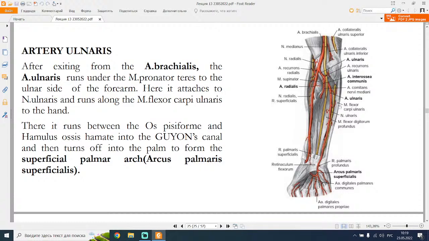There it runs between os pisiforme and hamulus ossis hamati into Guyon's canal and then turns into the palm to form the superficial palmar arch, arcus palmaris superficialis. The arcus palmaris superficialis is formed by arteria ulnaris and ramus palmaris superficialis, a branch of arteria radialis.